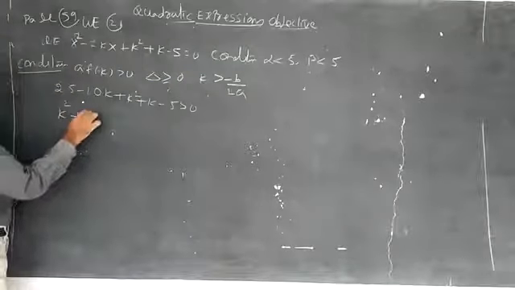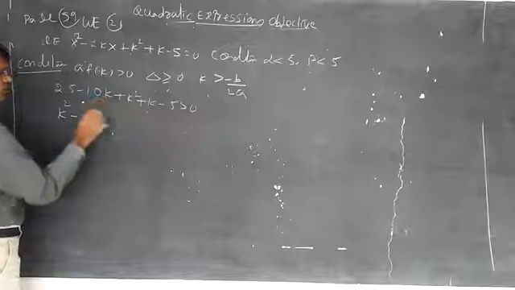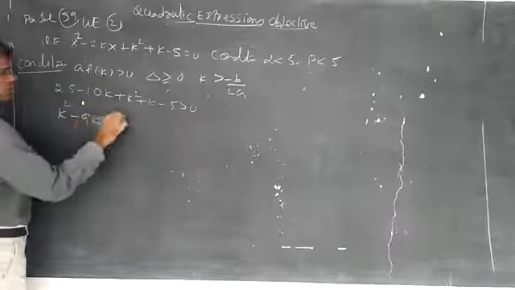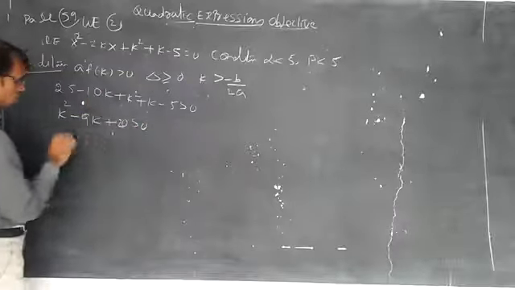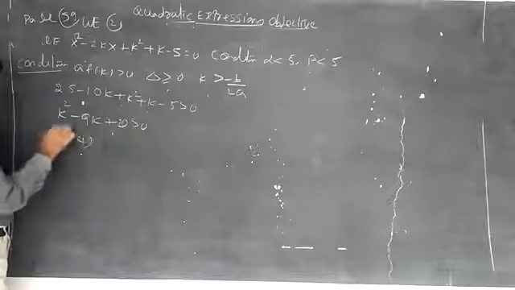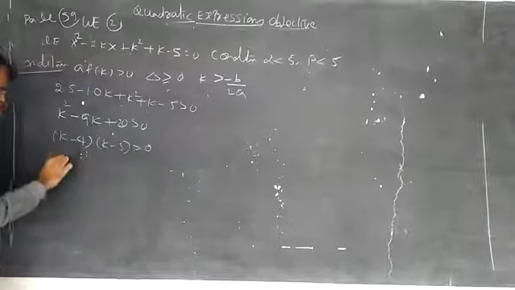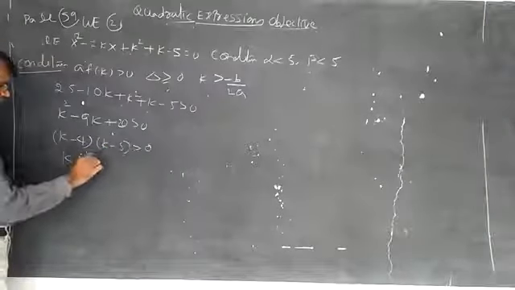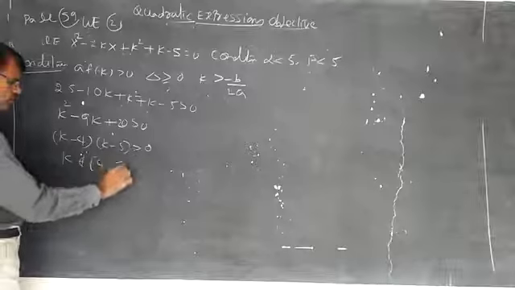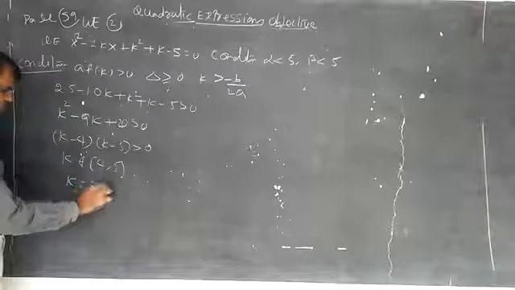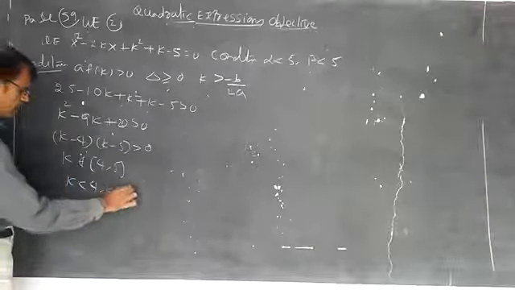You can write as k square minus 9k plus 20 greater than 0. You can write here k minus 4 into k minus 5 greater than 0. So k does not lie between 4 and 5. So k less than 4, k greater than 5.